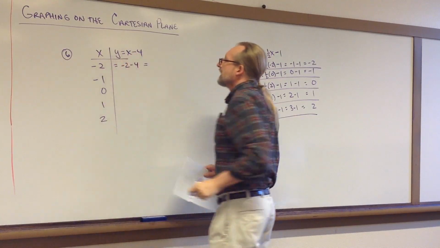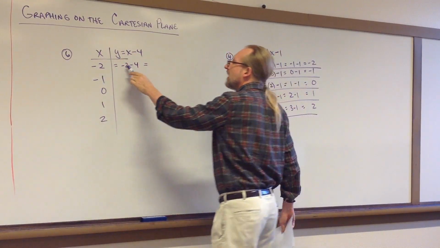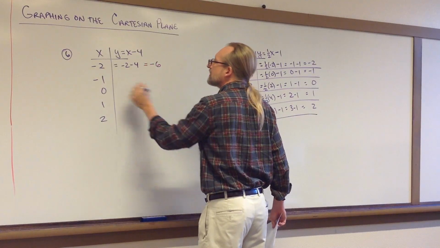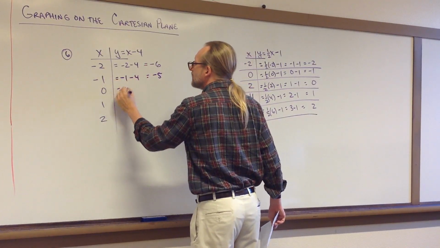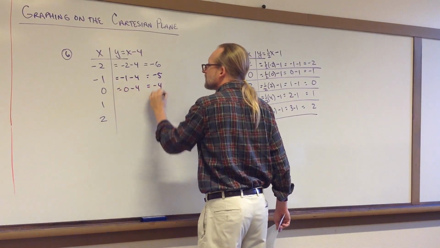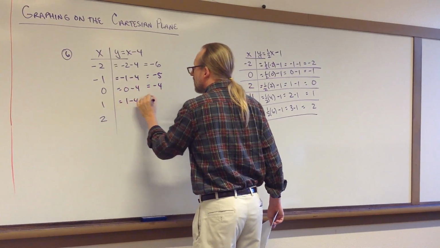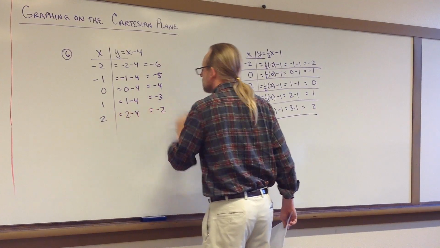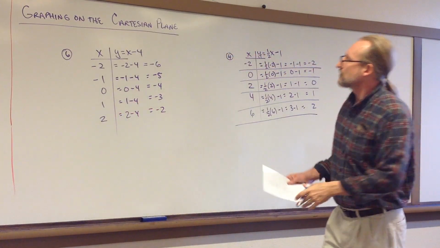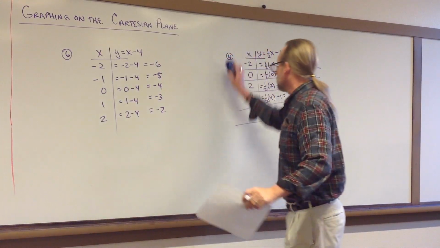So we plug in the negative 2 for the x, and then calculate negative 2 minus 4 is negative 6, and then just continue to do that for all of these values. 2 minus 4 is negative 2. And that's all we really have to do for these problems.